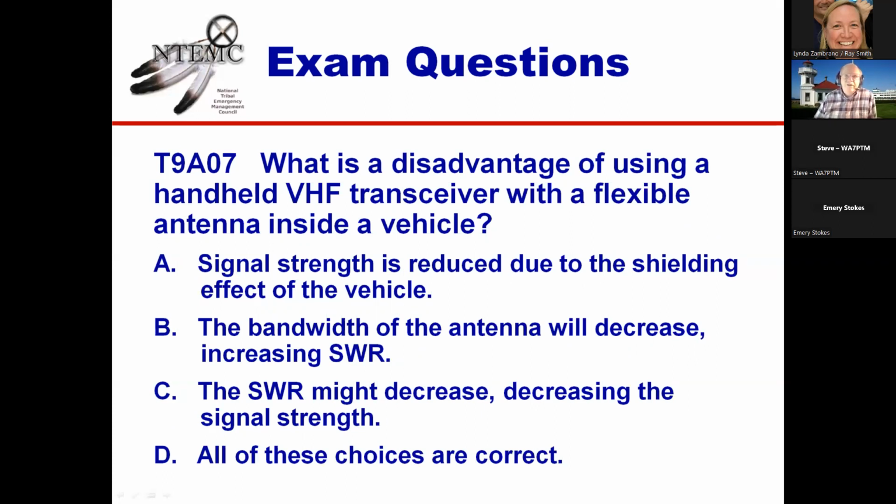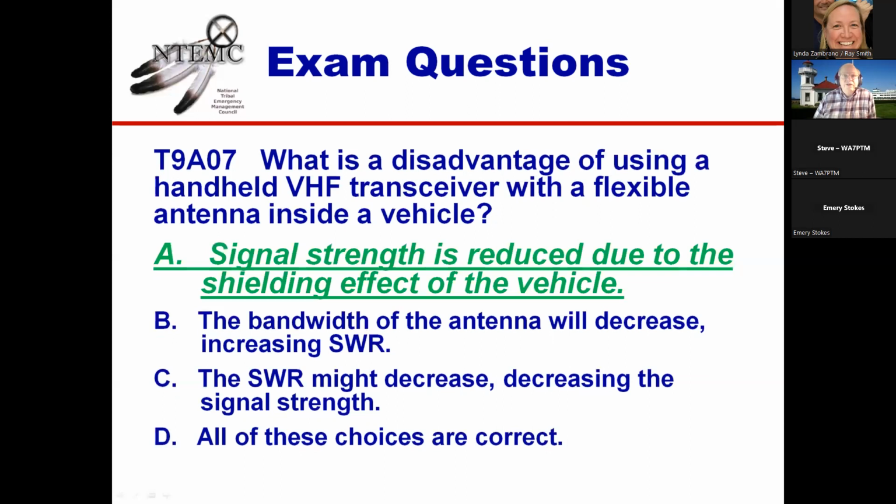So if you're inside trying to get your signal out of this metal box, it's going to reduce that strength. So signal strength is going to be reduced due to the shielding effect of a vehicle. Your HT inside a vehicle may not work, but if you have a mag mount antenna on the roof and connect your HT to that, it'll work great, because you eliminate that shielding effect because the antenna is outside the vehicle.